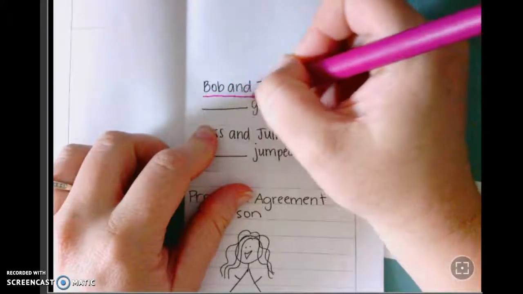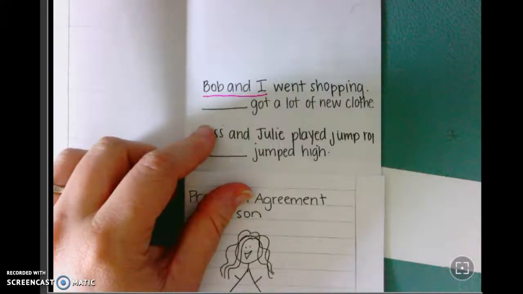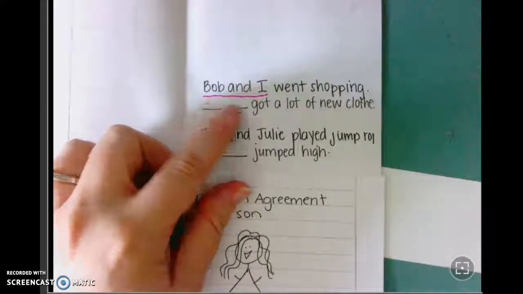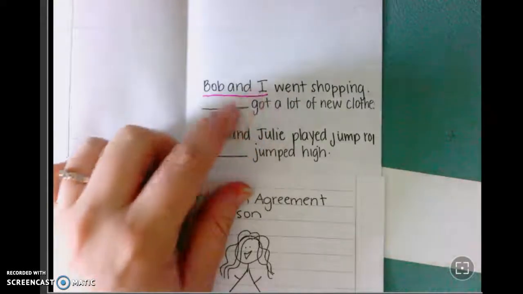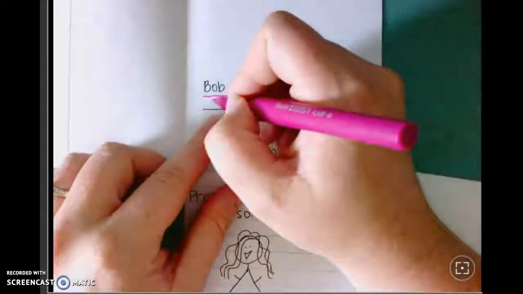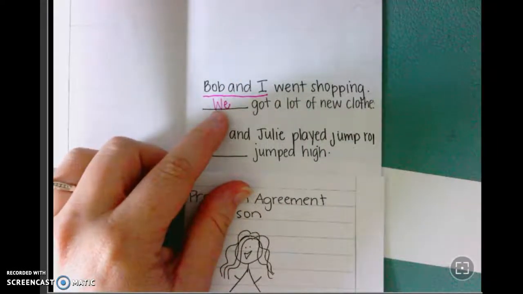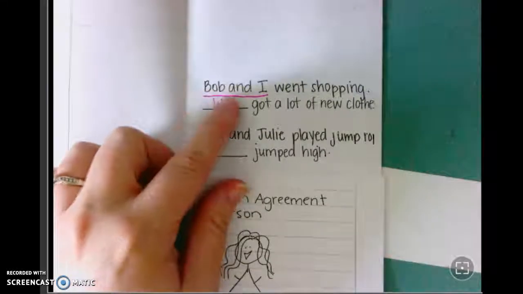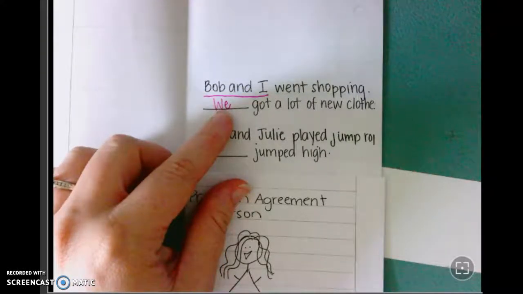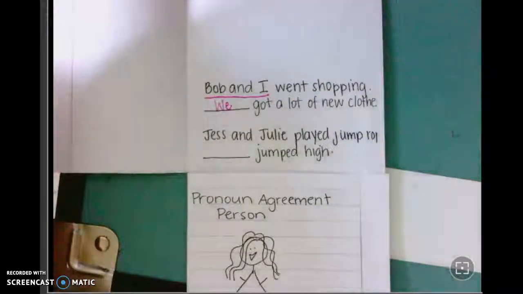So take your pencil and underline your nouns, Bob and I. Now, when you talk about somebody else and I, which is you, what pronoun do we use to replace them? If you said we, you would be correct, because we includes someone else and yourself. So it would be Bob and I went shopping. We got a lot of new clothes. Okay? And then when I finish this video, you can go back and do the second one on your own.